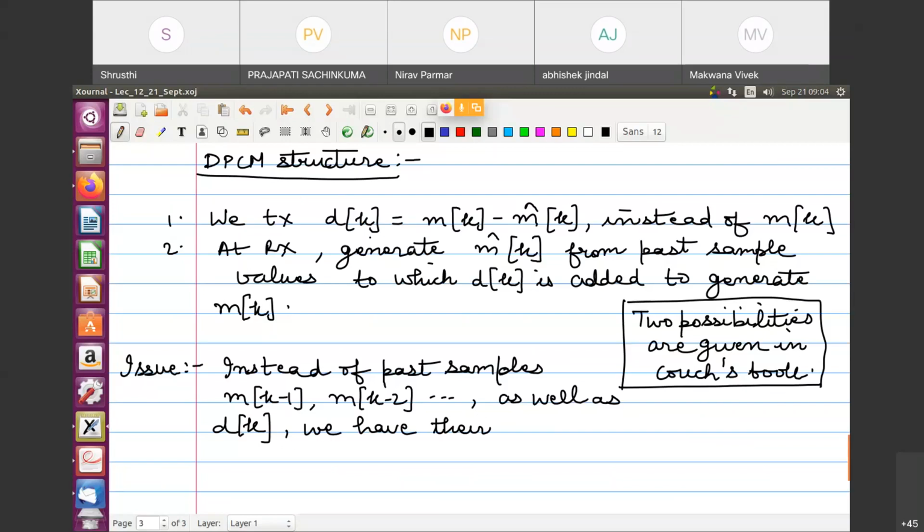Okay. Now the issue with quantizing is, you know that at the receiver, if I am given d q of k, there is no means to find d of k. Means there is no way. This is an irreversible operation. So we have their quantized versions.